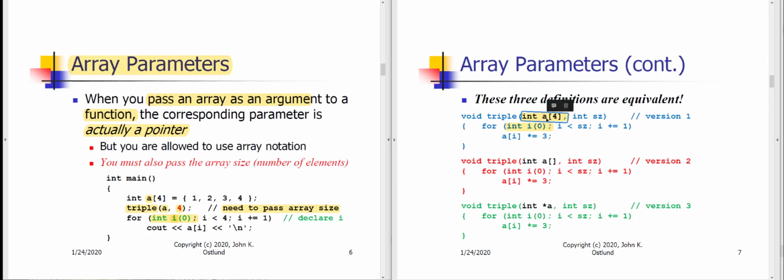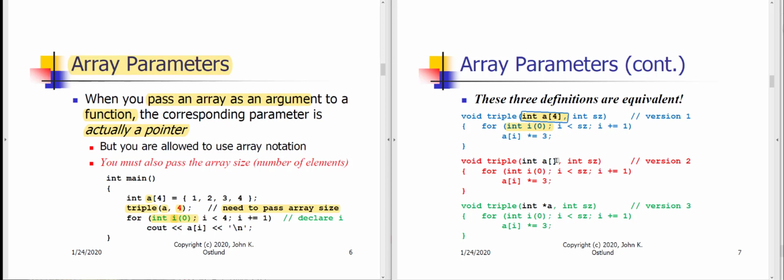Now, even though I have declared this parameter a as an array of 4 ints, the 4 has no more meaning than a comment, because what's really being passed in there is just the address of a.